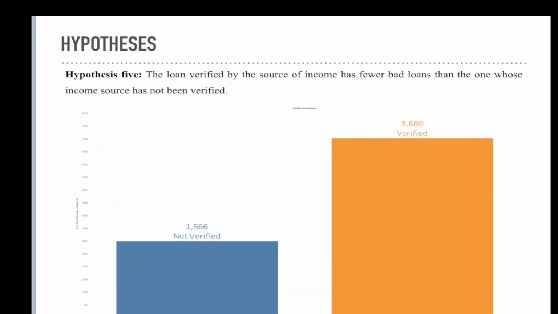And my fifth hypothesis is that loans verified by the source of income have fewer bad loans than the ones whose income source hasn't been verified. As shown in the figure, the verified loans have more bad loans than the not verified loans.